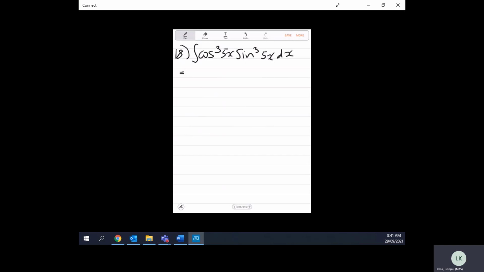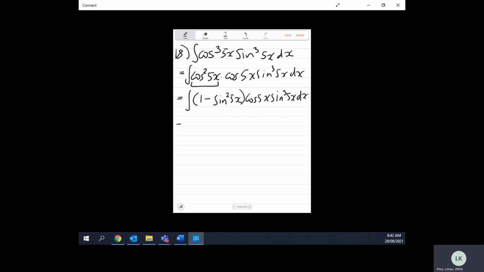So this is the integral of cos squared 5x times cos 5x sine to the power of 3 of 5x dx. And then this one here is the one that you rewrite in terms of sine. So this is the integral of 1 minus sine squared of 5x, and then we have cos 5x sine cubed 5x dx, and then multiply out the brackets.